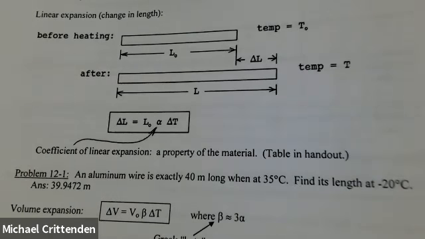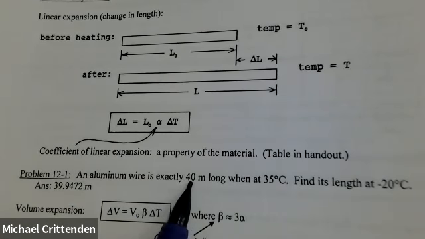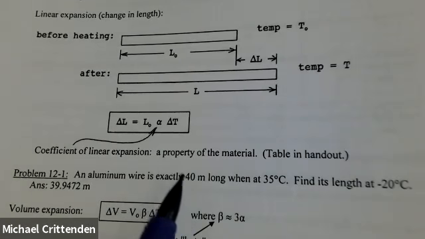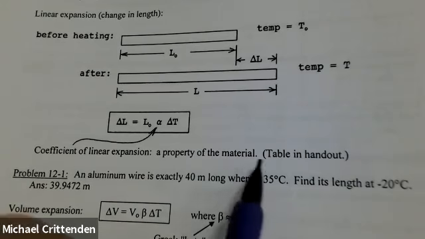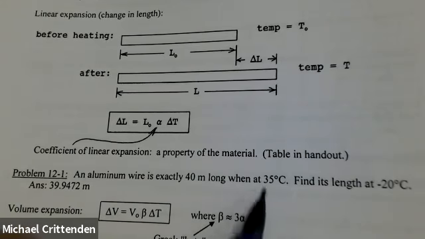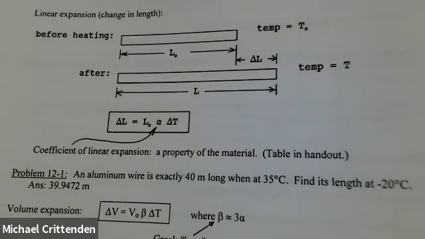So let's say that I wrote 40 here, but I actually mean 40.00000, ridiculous number of significant figures. If it's that long on the summer day, how long is it on the winter night? And here's where you pause and work on the problem. Get your exercise.